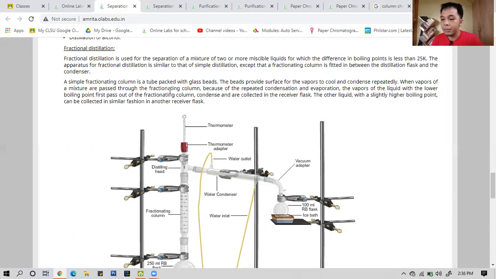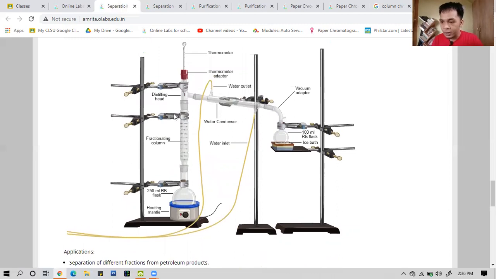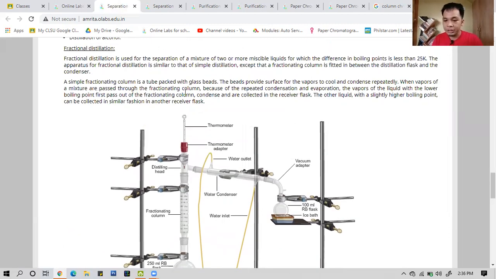The only difference here, guys, is that we have a fractionating column. What is the purpose of the fractionating column? It provides a surface for the vapors to cool and condense repeatedly.